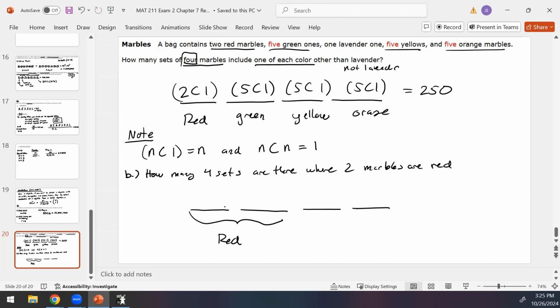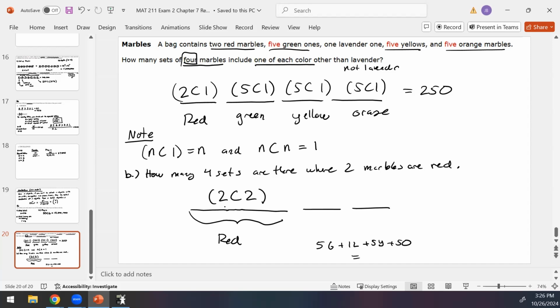So that means this whole thing is actually going to become one line, and that's going to be 2 choose 2, because I need 2 reds, right? So 2 red marbles. And then for the other colors, I have no restriction, okay? The lavender restriction is gone. So then how many marbles do I have left? Well, I have 5 green plus 1 lavender plus 5 yellow plus 5 orange.